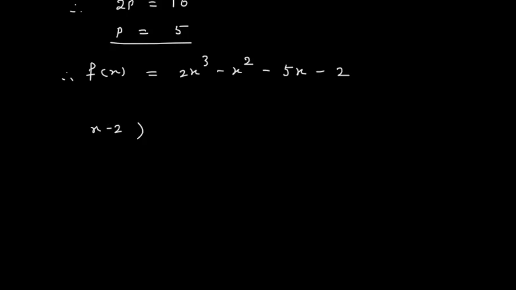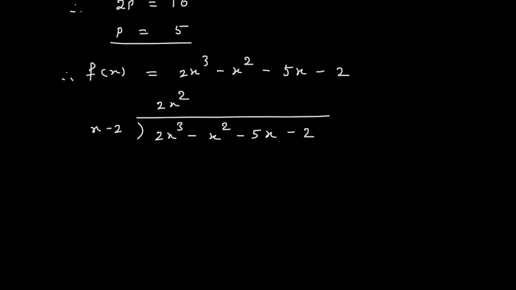Let us divide 2x cube minus x square minus 5x minus 2 by x minus 2. This is 2x cube, this is x, so here I write 2x square. 2x square into x gives 2x cube. Then 2x square and 2 gives 4x square. I will subtract. So minus x square plus 4x square gives 3x square minus 5x minus 2.